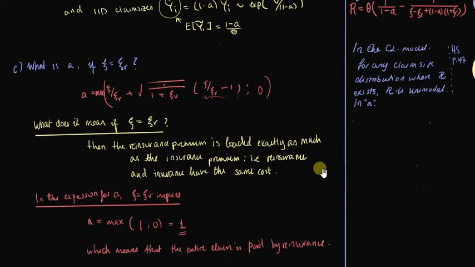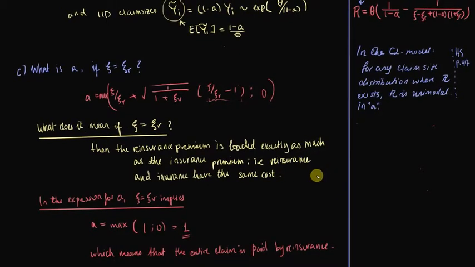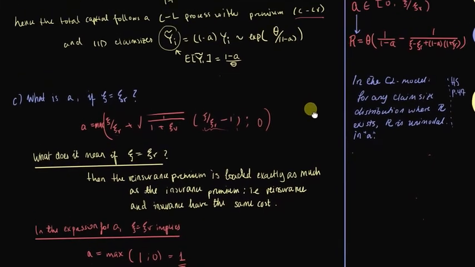So in the case where the reinsurance and insurance premium have the same cost, then if we want to minimize the ruin probability, the way you do it is just you stop doing business completely.